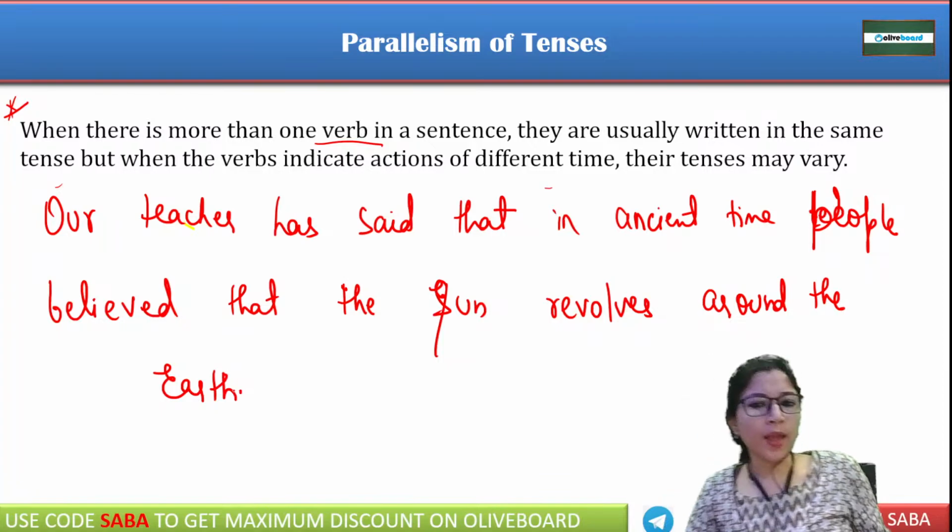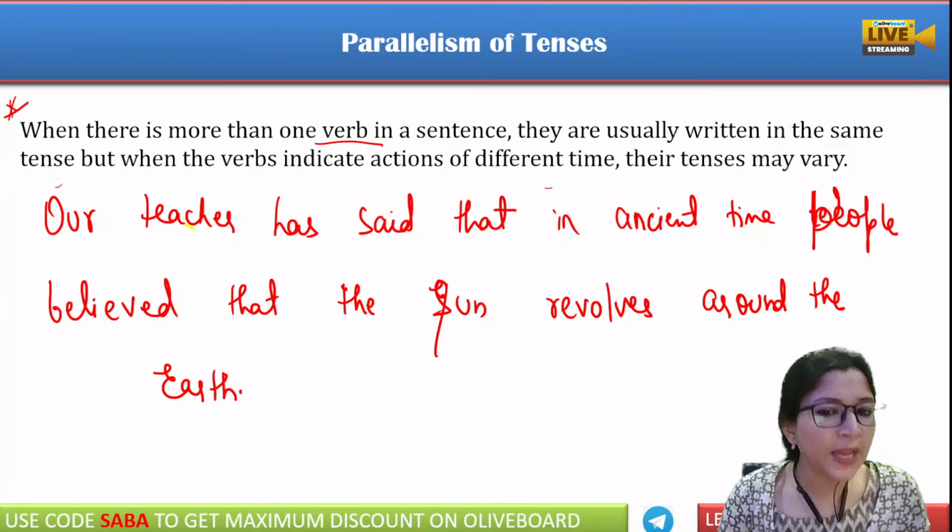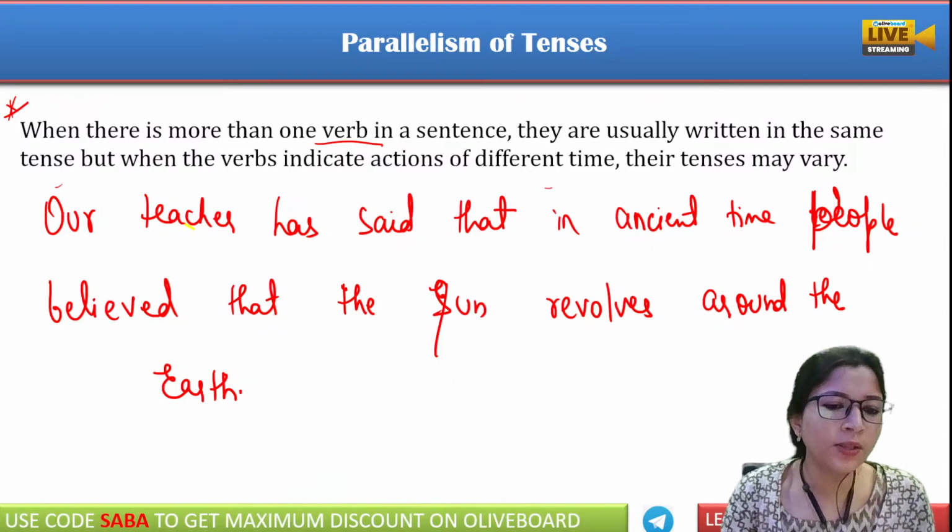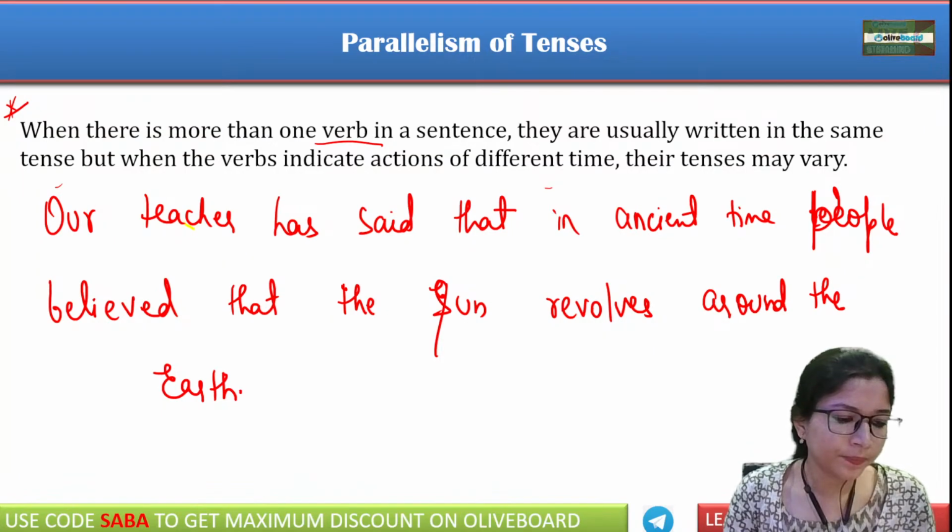Our teacher has said that in ancient times people believed that the sun revolves around the earth. Is it correct?